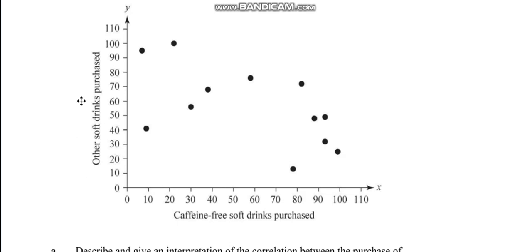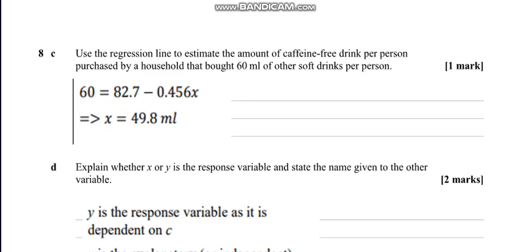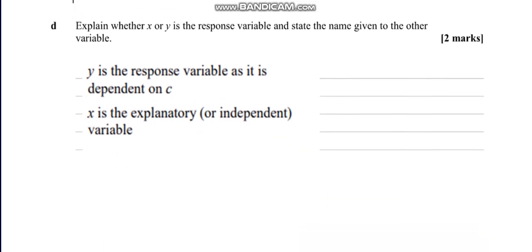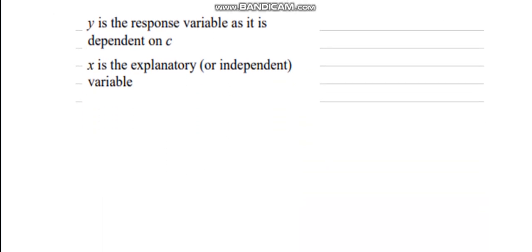So the soft drinks is the response. Y is always the response, and x is what we think is explaining the response, so that's your explanatory variable. So that's just worth learning. Y is the response and x is the explanatory or independent variable.